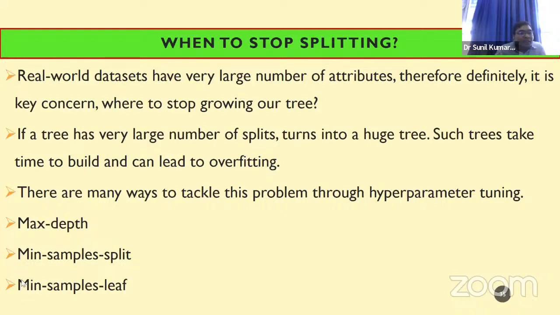Another criterion is min samples split: if the number of samples at a node is lesser than this, further splitting will not happen. And min samples leaf: we can fix the leaf nodes also. By doing this, we can avoid the overfitting problem. Of course, it is not going to give 100% accuracy, but it will avoid overfitting.